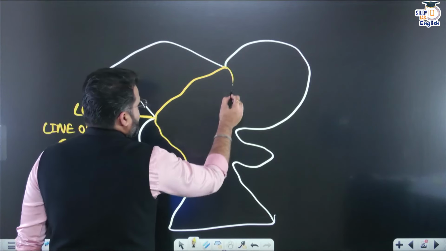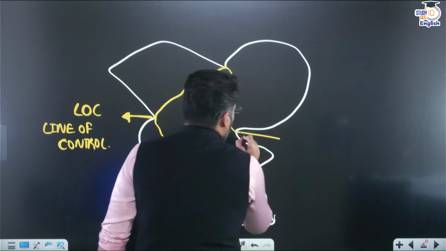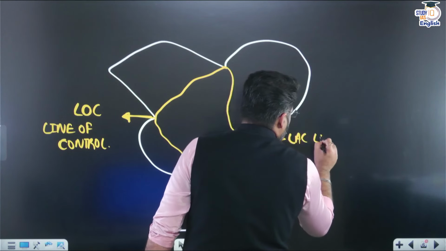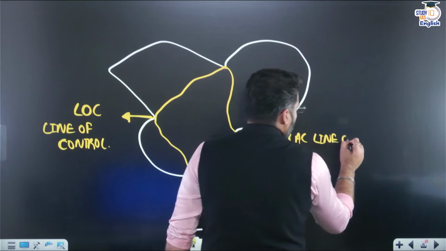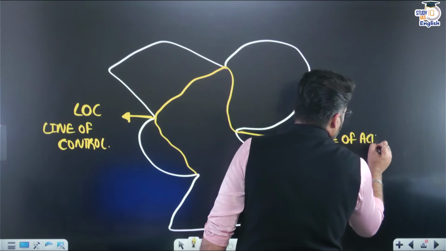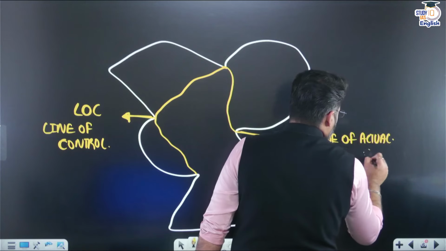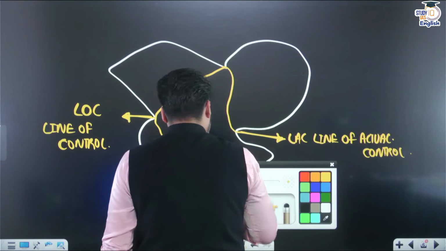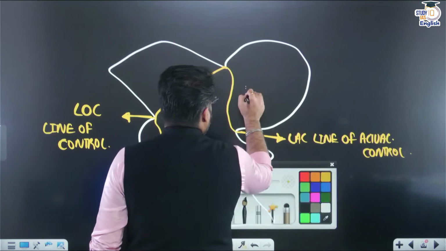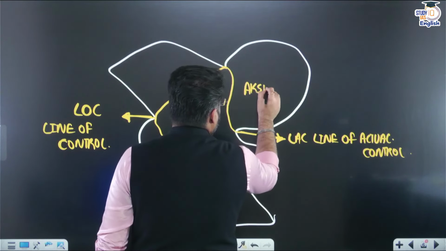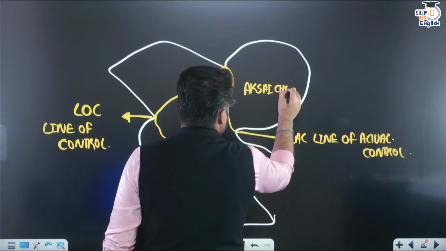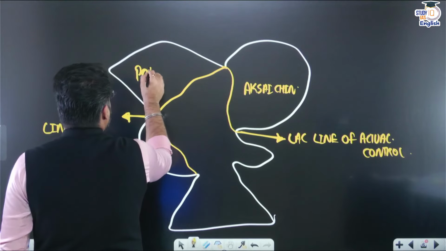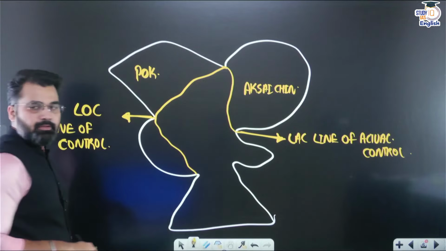This section is called LAC, line of actual control. And this section is called Siachen. This is Siachen, and this section is called POK, Pakistan occupied Kashmir.